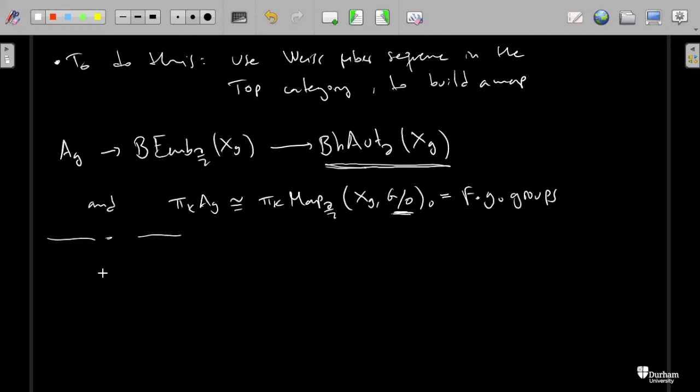The point is now that the infinite generation in this space of embeddings, actually I meant to say in the homotopy fiber I care about, comes from this space of homotopy automorphisms, or from its homotopy.